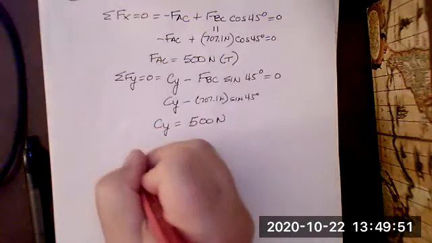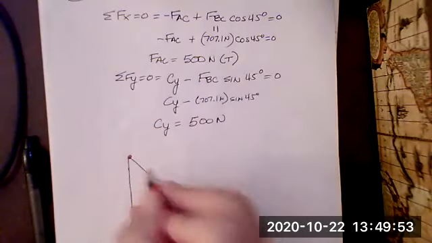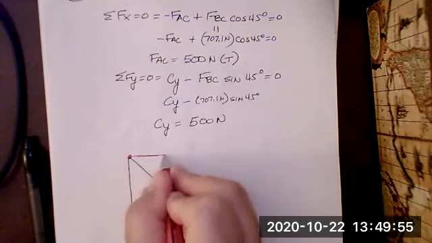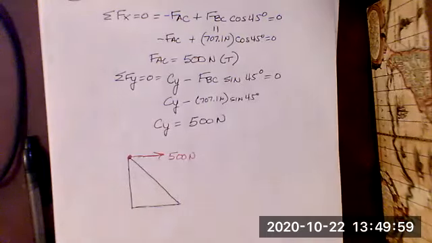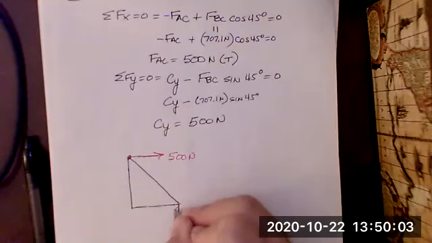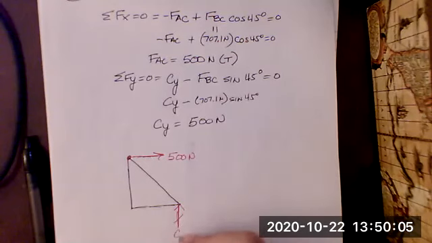Hang on just for a second. So this is what was given to us, right? Yeah. Okay, and then we didn't know this one yet, right? We just found that. That's equal to what? 500. You solved it.